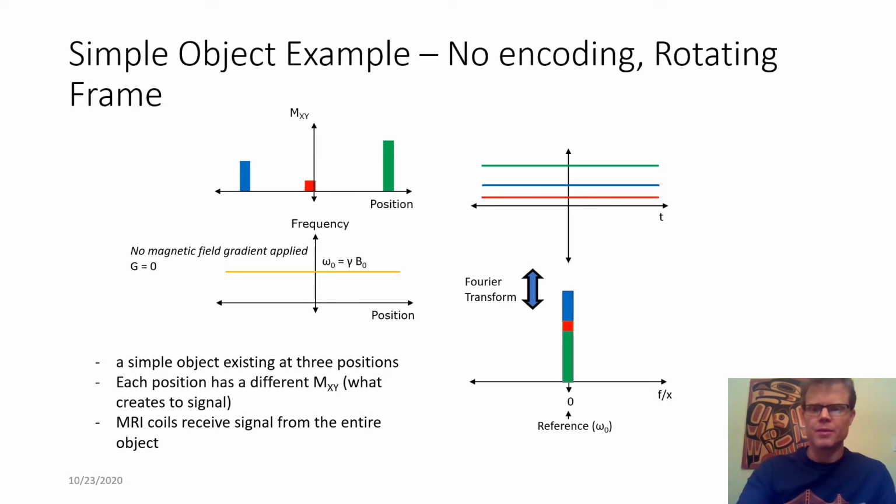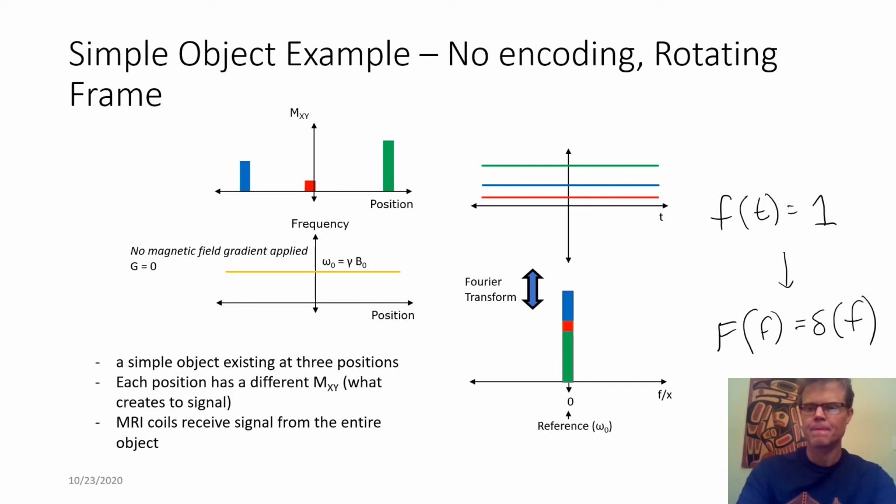You can use the Fourier transform pair that's used to derive this: if our function here in t is just a constant, say 1, the Fourier transform of that is going to be this delta function. So this function that exists only at a single point, at the 0 point here in the frequency space without this encoding.